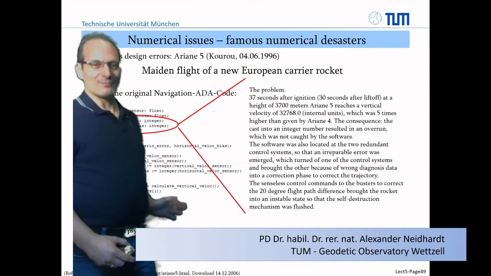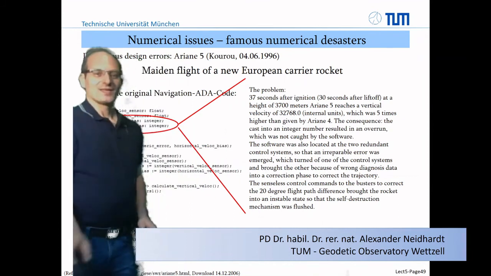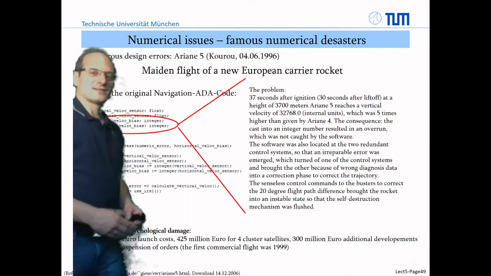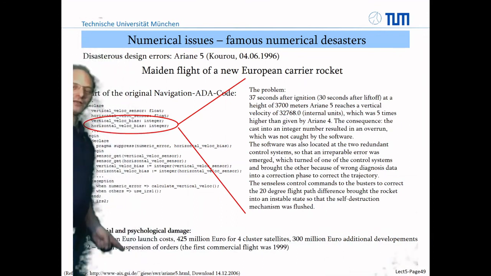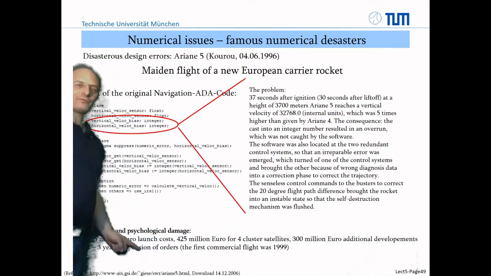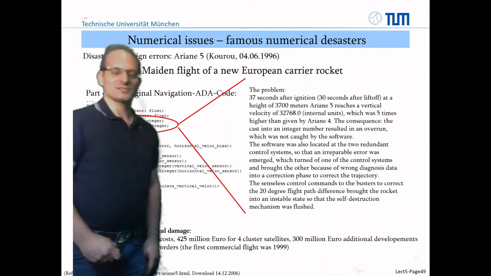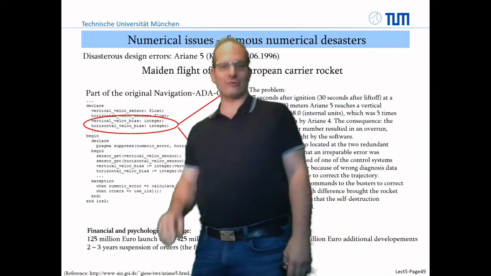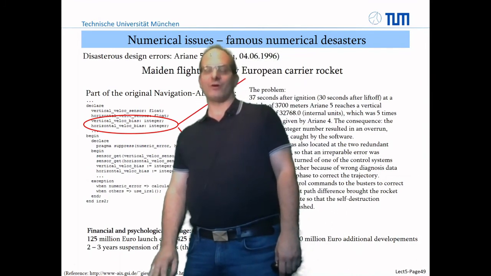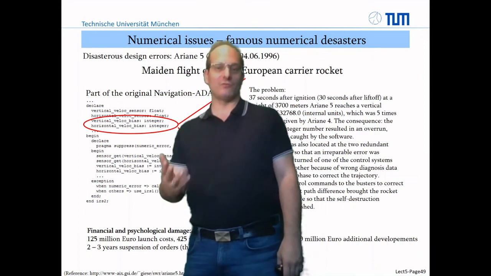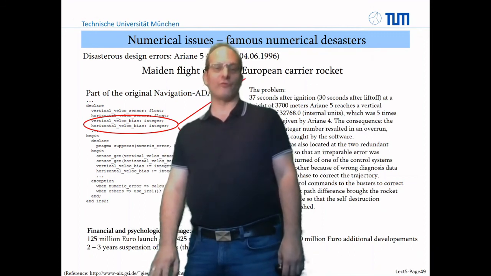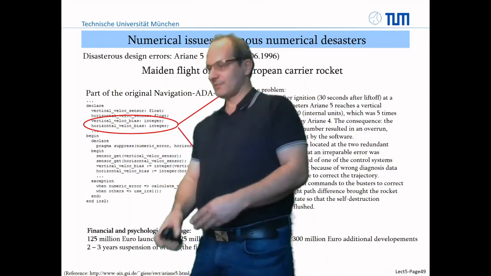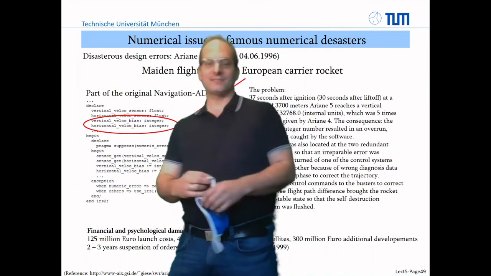It is just a nice fake. The thing you should keep in mind is that this caused a lot of money and a long stop of rocket launches, just because of this simple small error coming from the numeric conversion between data types. So this is the first lesson.